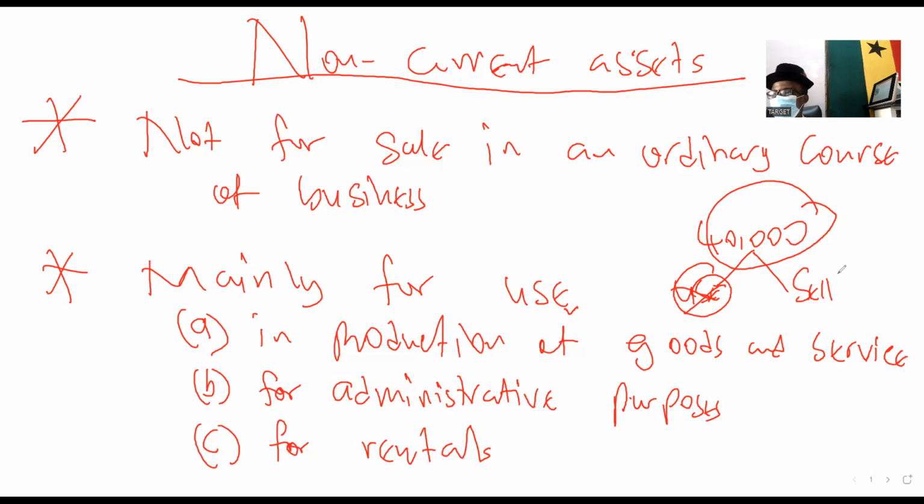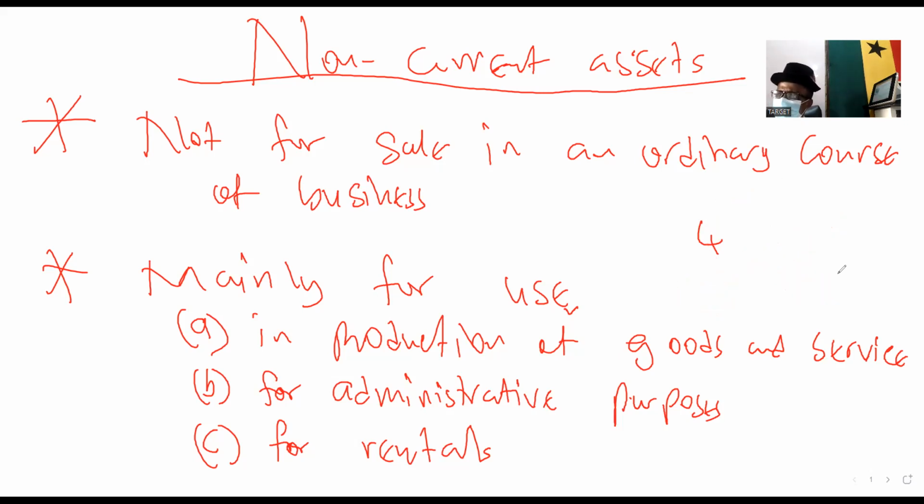That's the first condition, and it's a very powerful condition that brings held for sale into being. So make sure that the asset value can only be recovered mainly through sale rather than use.